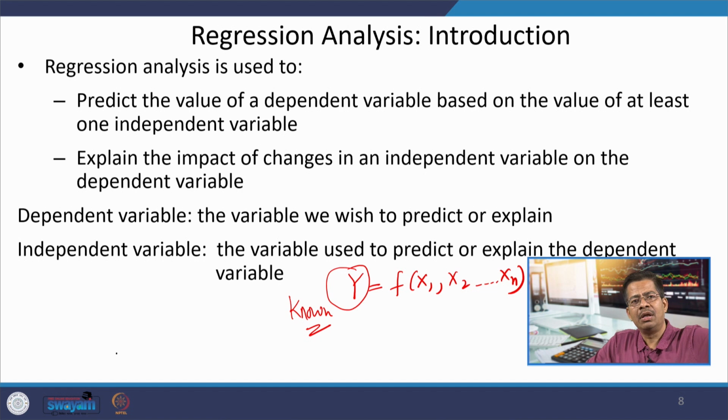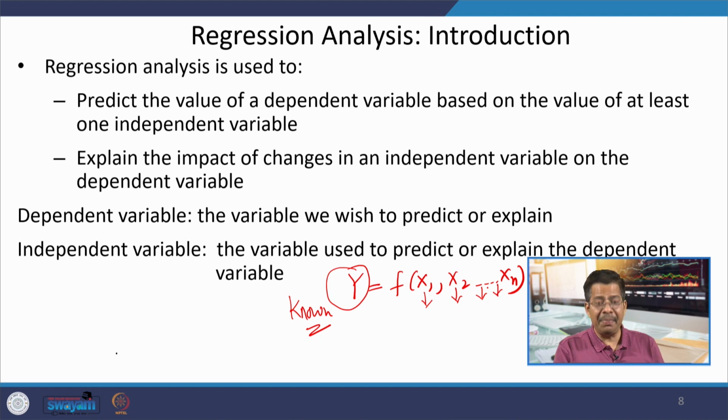But this factor y which I want to determine, on what factors this is depending, what can be x1, x2, x3 and xn, this requires my understanding also. So, identifying the right independent factors which may affect the value of y, that is an important challenge.